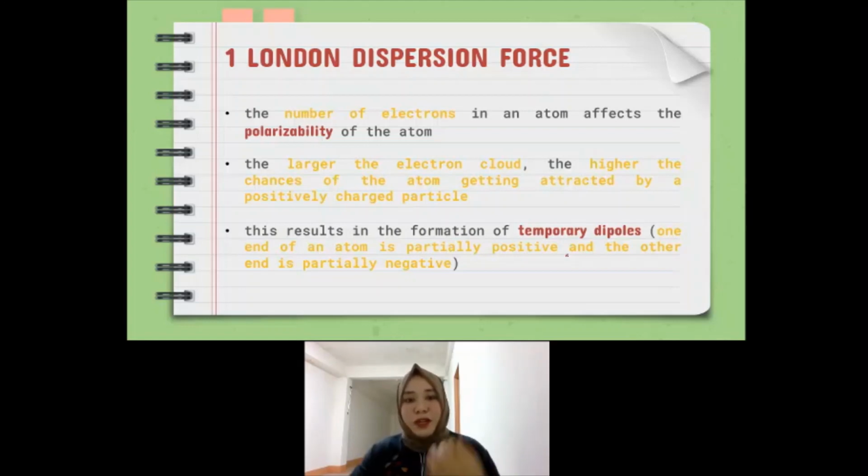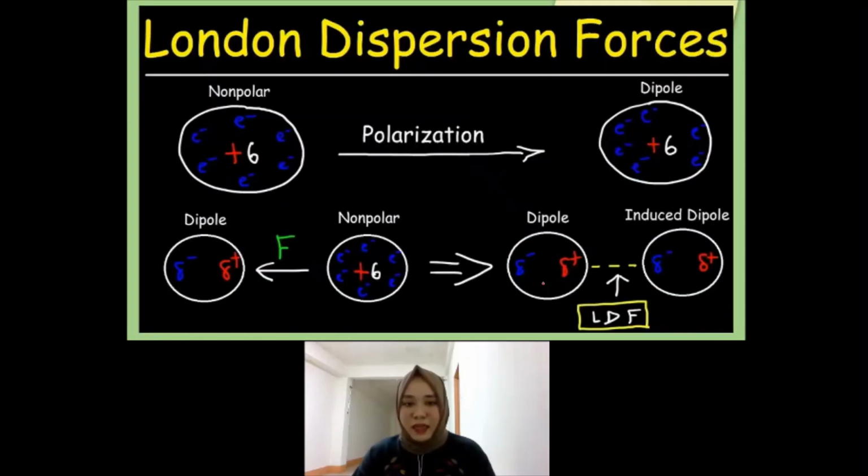Because of this polarization, we form what we call temporary dipoles. These are originally atoms, but because of the distortion of the electron cloud caused by polarization, they become temporary dipoles. So, what is a temporary dipole? One end of an atom is partially positive and the other end is partially negative.